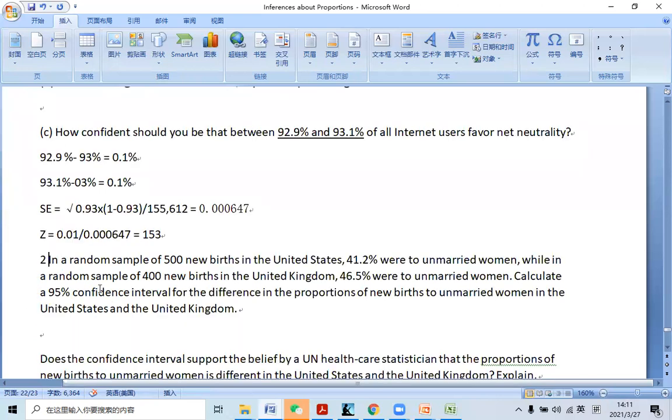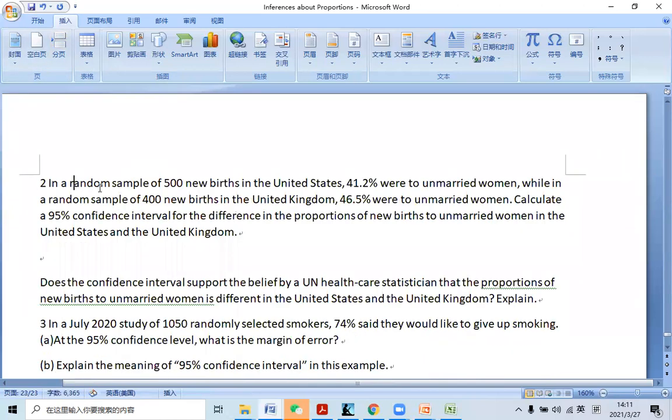Let's look at this next question. Random sample of 500 new births in the United States: 41% were to unmarried women. Wow, that's a lot.